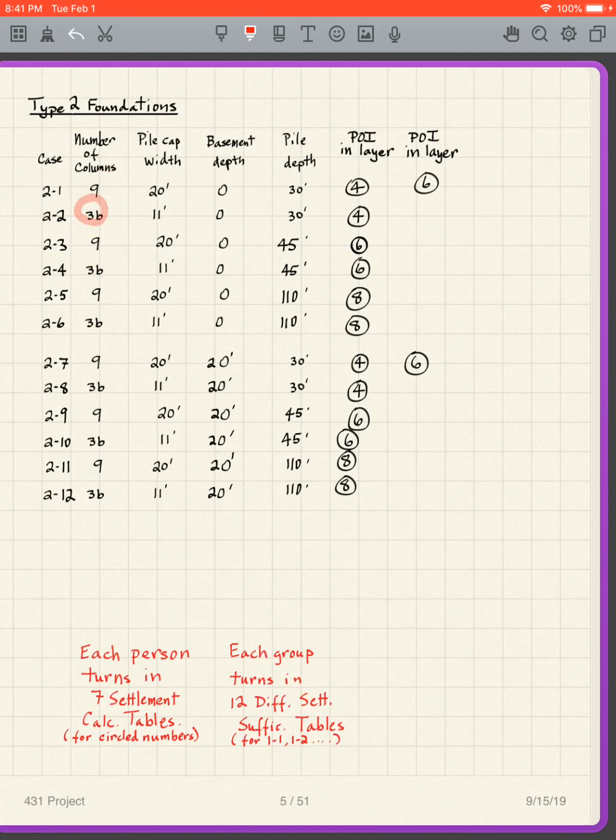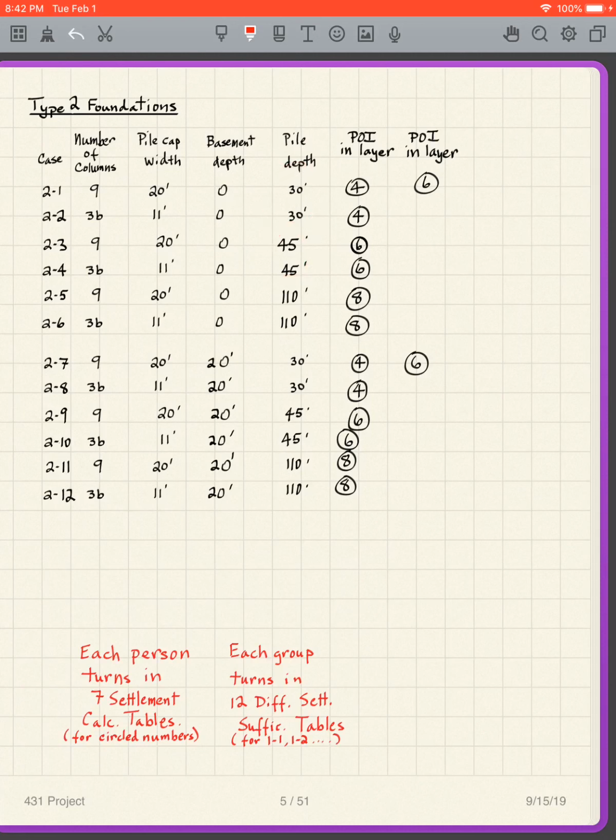If I have 36 columns, my pile cap width is going to be 11 feet, meaning that's sort of the width of the footing. And for these first ones, there's no basement. But the pile depth varies. I have 30-foot piles, 45-foot piles, and 110-foot piles.